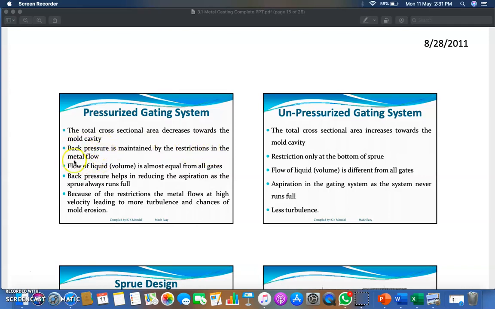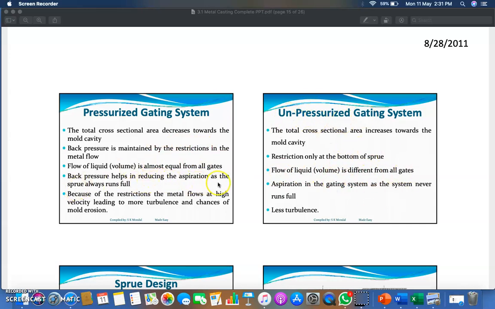Metal flow is restricted in the pressurized gating system, while in the unpressurized system the restriction is only at the bottom of the sprue, and in the remaining areas there is no restriction of metal flow. The flow of liquid is almost equal from all gates in pressurized, because it is pressurized, and the flow of liquid is different from each gate in unpressurized.